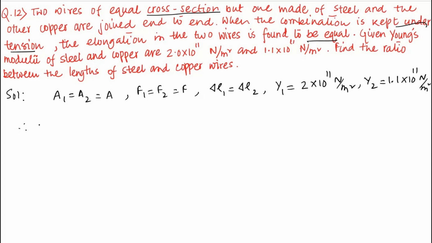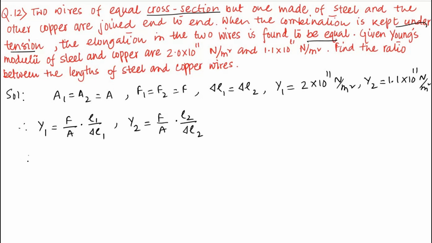First we know that the Young's modulus expression Y1 gives us stress upon strain. So it is F upon A into L1 by delta L1, and Y2 is the Young's modulus of copper, which is F upon A into L2 by delta L2.